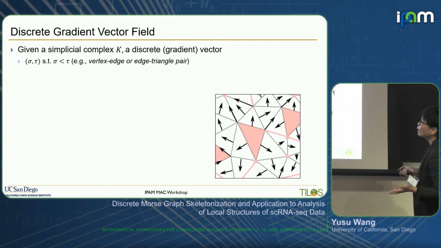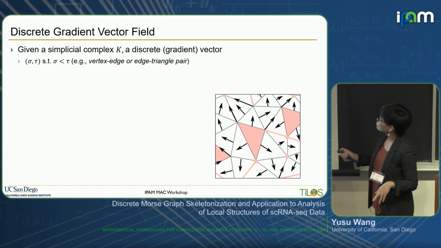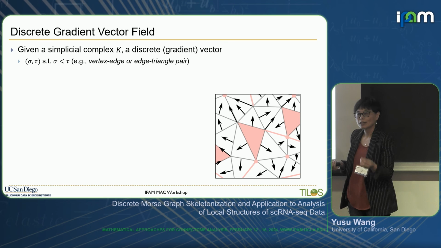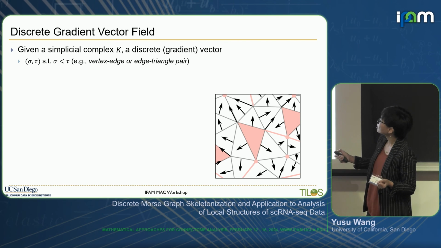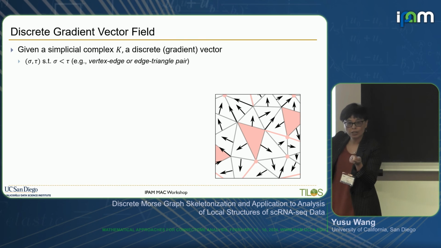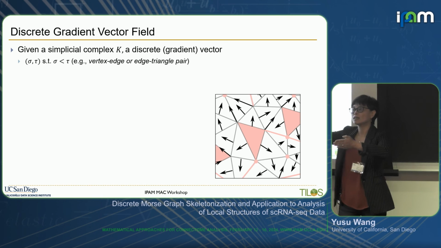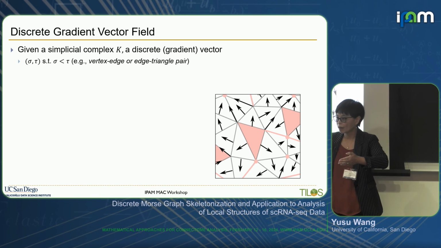Okay, so now, given this simplicial complex K here, a discrete gradient vector is not a real vector. It's actually a pair of simplices, say an edge and a triangle incident on that, or a vertex and an edge incident on that. Okay, so in general, it's a p-simplex together with a (p+1)-simplex incident on this p-simplex.